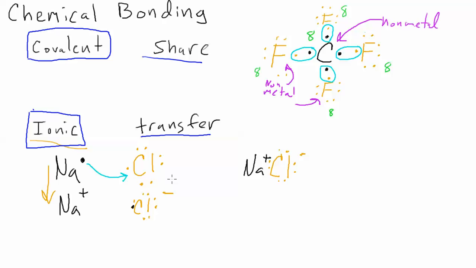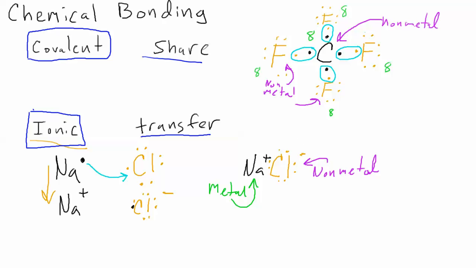But down here, with the ionic bonding, we still had a nonmetal, which in this example is the chlorine. But down here, we also have a metal, which in this example is sodium. So this pattern holds pretty well, and so we can kind of make a rule out of it.